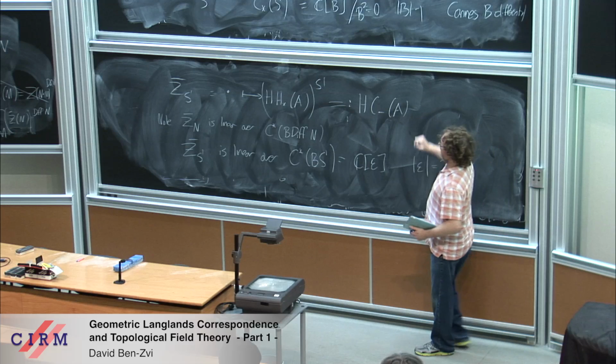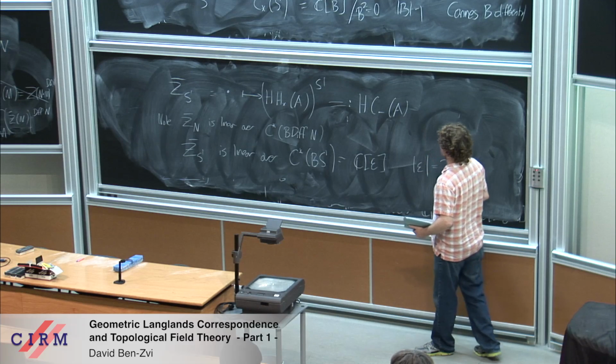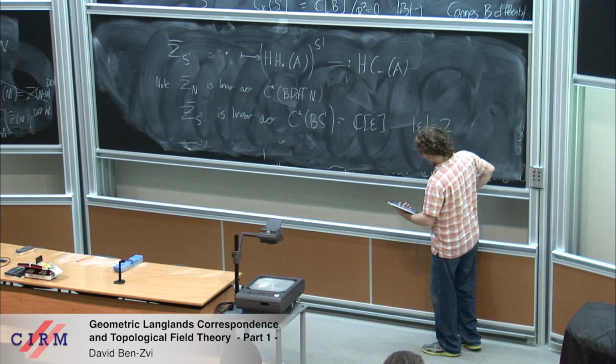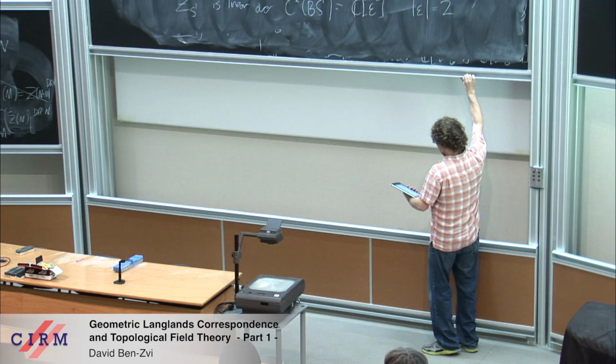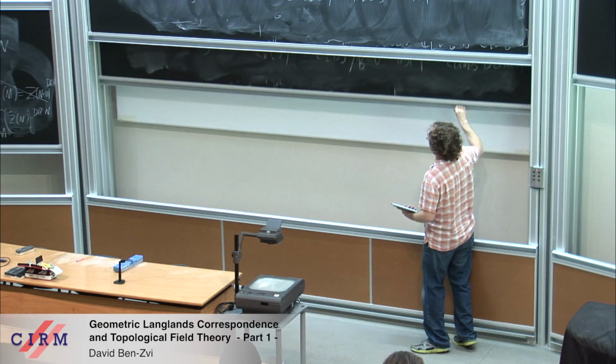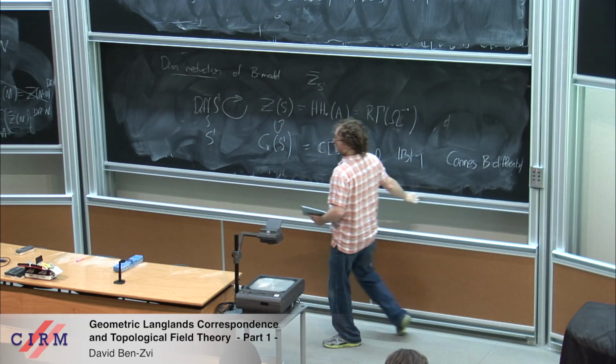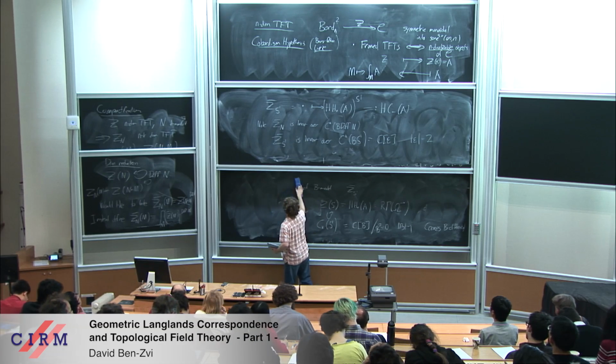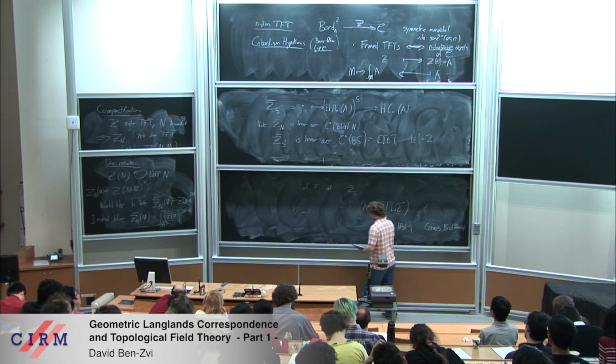So when we do this dimensional reduction on a circle, we get something that's a family over this epsilon variable. And so we really want to think about this as a family, where at epsilon equals 0, we get the original compactified theory. And then we have one more interesting value, where epsilon is non-zero.